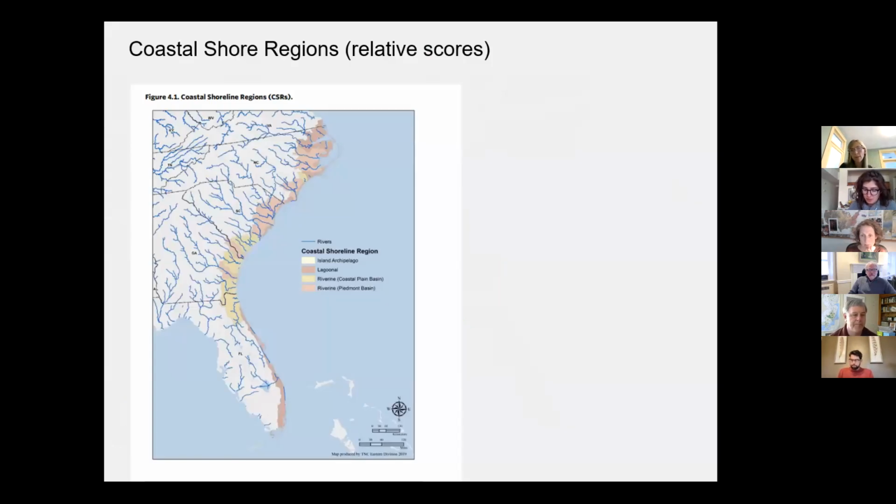One thing I wanted to make sure I didn't forget to say was that in the development of the tool, for instance in the Southeast, Mark and collaborators identified a little over 1,200 sites that were analyzed. These are the sites in the coastal realm that they scored.